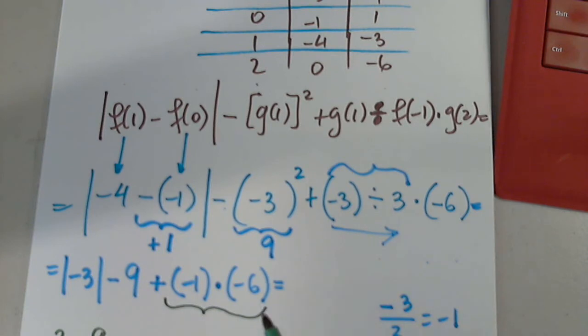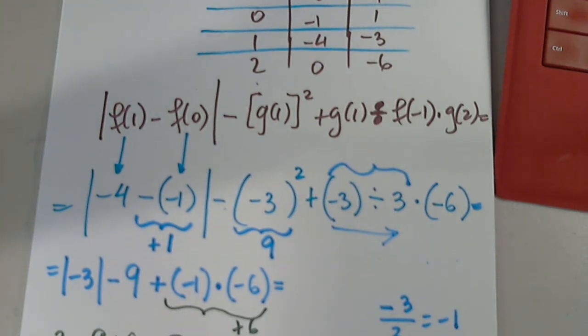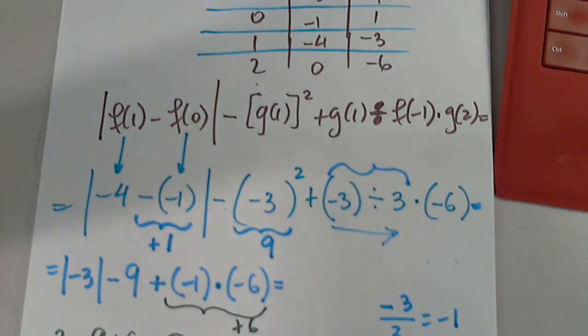Negative 1 times negative 6, I get positive 6. So then I write positive 6. It happens that 3 plus 6 is 9 minus 9, and the answer is 0. So the operations have to be performed in the order of operations, slowly, step by step.